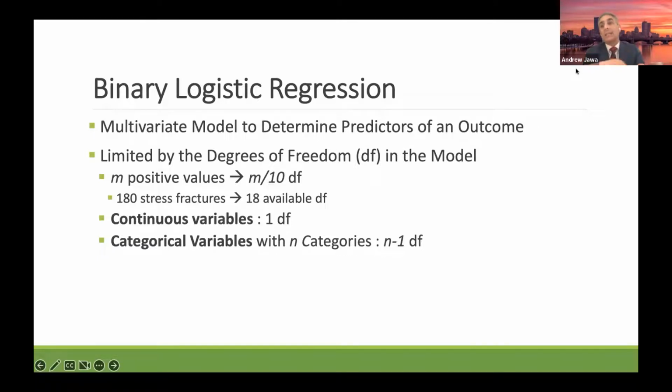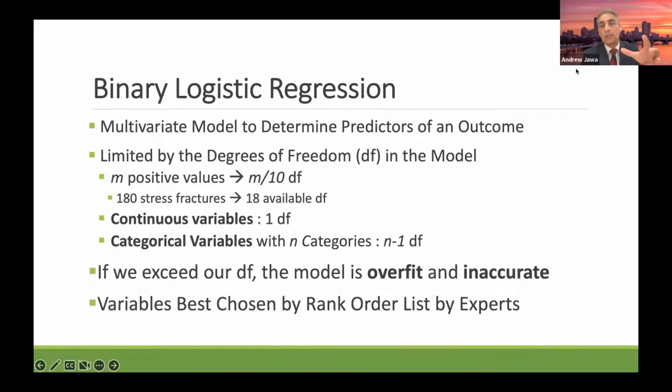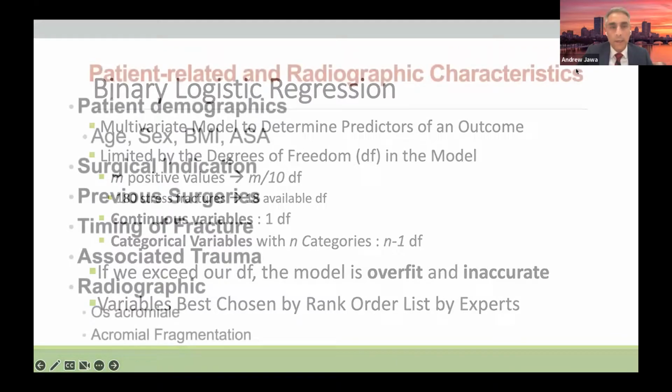So if you had 60 or 61, you could only look at 6. The problem is when you look at these papers, they include like 12, 13, 14 things, which leads to a model being overfit or inaccurate. And all the variables chosen should be chosen by an expert. So you can see how multi-center studies can be very powerful in getting better data.